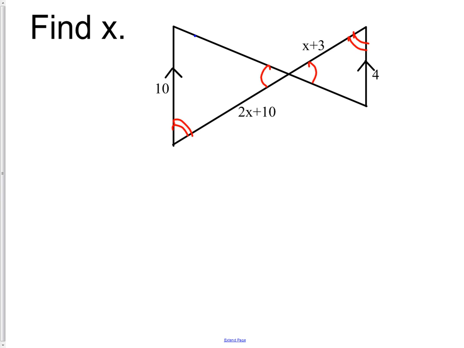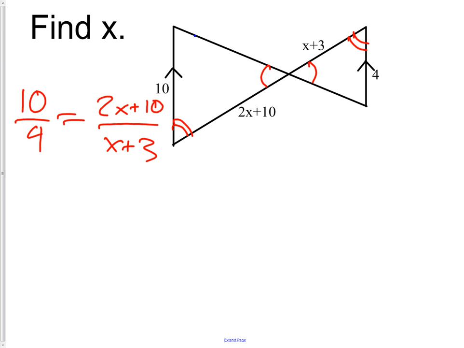So these triangles are similar because of angle, angle. Now we can set up our proportion. We have 10 over 4 equal to 2x plus 10 over x plus 3.